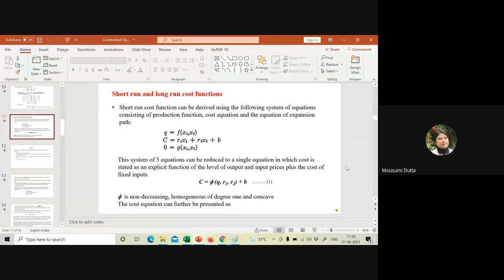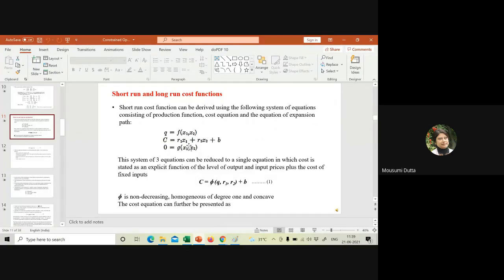If you look at these equations, we start with this production function and we have this cost function. Apart from R1 x1 plus R2 x2, here I have incorporated a fixed component, which I have presented in terms of B. And this is the equation of the expansion path. First we write the Lagrangian.